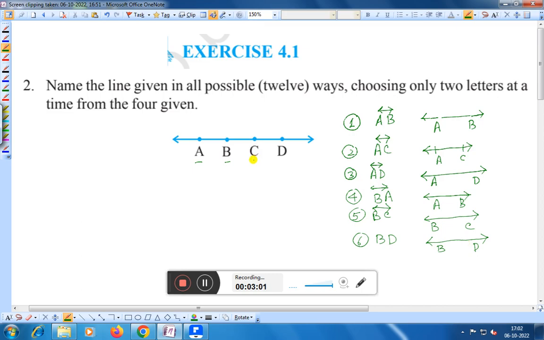Now we start from the point C, right? Number 7 is starting from C. That is CA. CA will be like this.